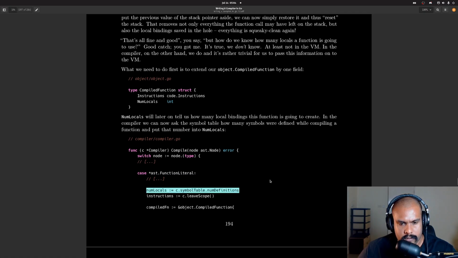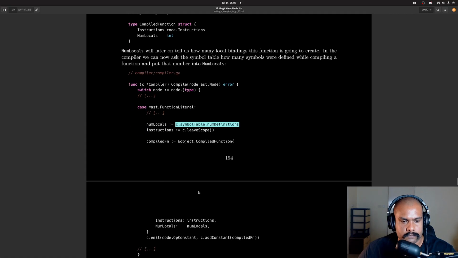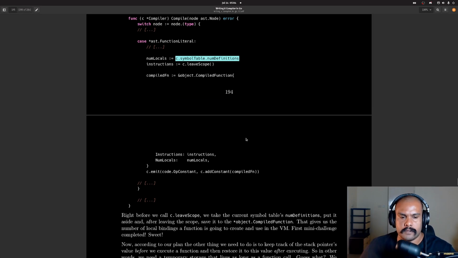Table dot NumDefinitions. Okay, just before we leave scope, the symbol table.